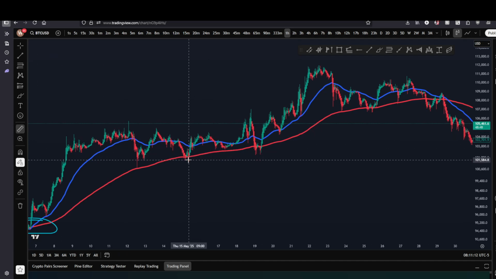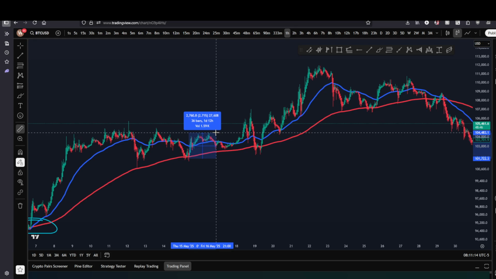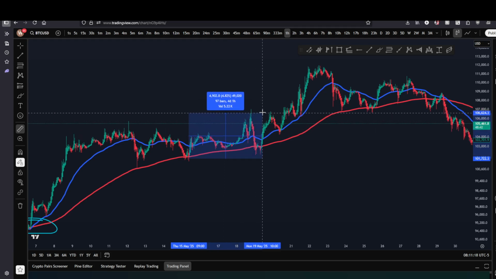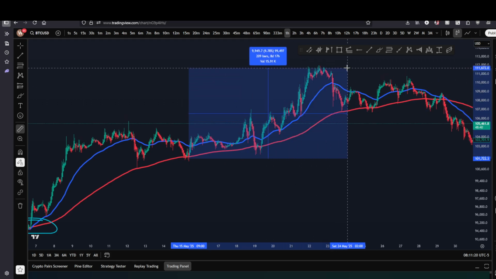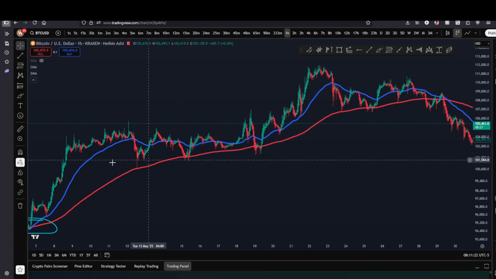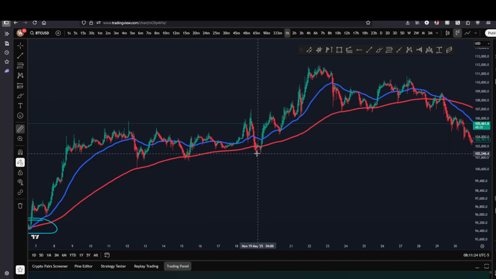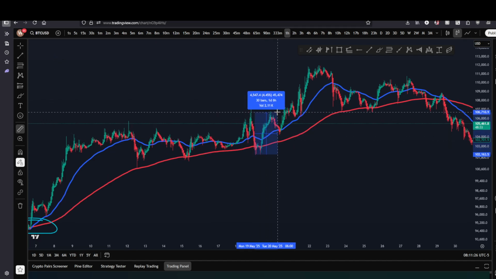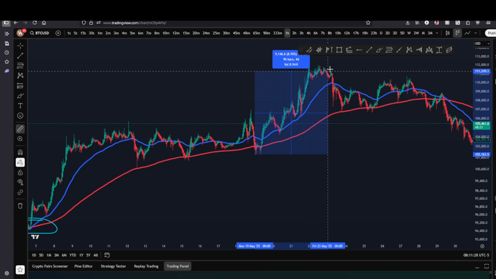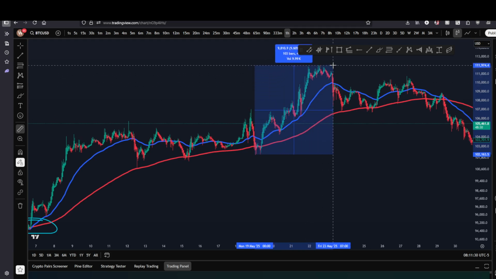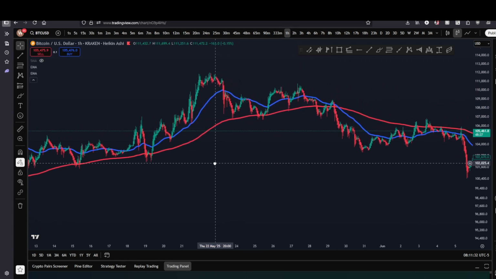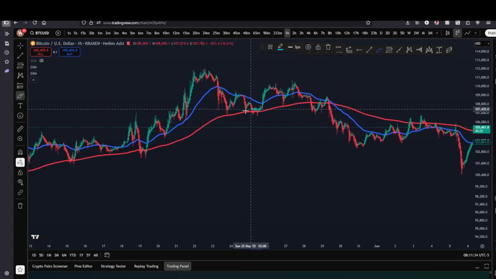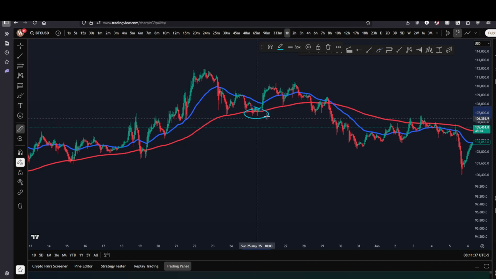So you buy here, right? It continues to go up 2%. Now you continue holding that, it goes up 5%, and then you're up 10%, right? You buy it here, it goes up 4%. Continue holding it, goes up 10%, right? Buy it here, right?